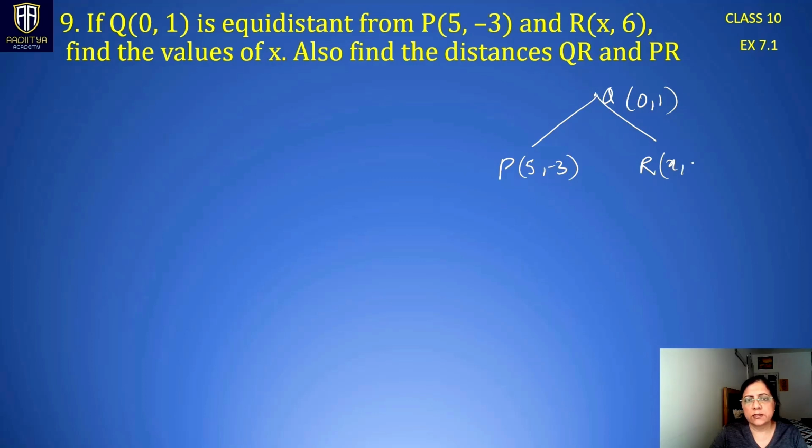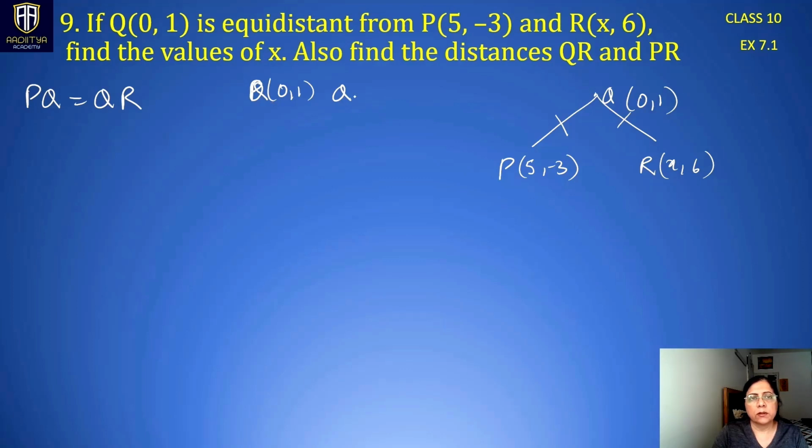R is (x, 6). They are equidistant. That means PQ is equal to QR. Sorry, Q is (0, 1). QP is equal to QR.